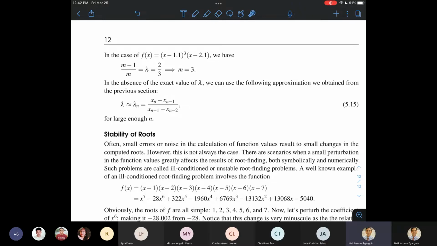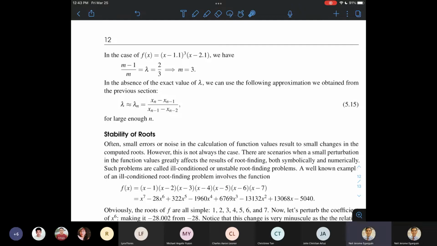So what you can do is make a table, compute your x sub n's, and then compute your lambda sub n's using this, and note where lambda sub n converges. If x sub n and lambda sub n both converge to some constants, then you can say, okay, Newton-Raphson converged. Then whatever value lambda n converges to, that is what you use in this equation to compute lambda.